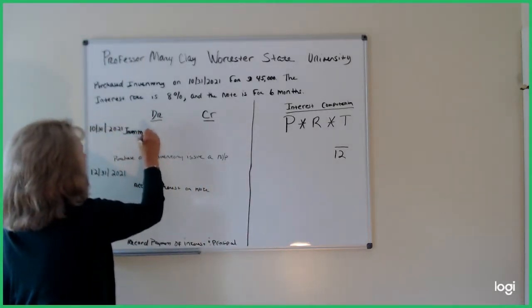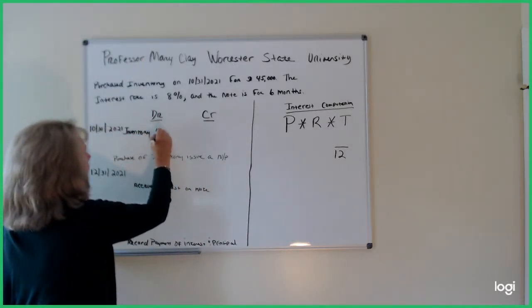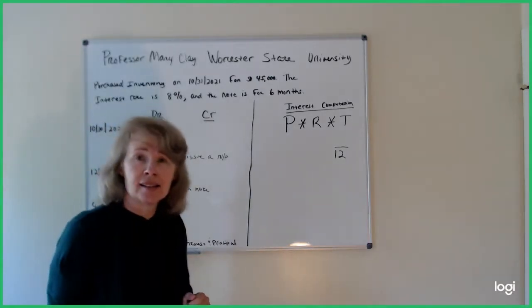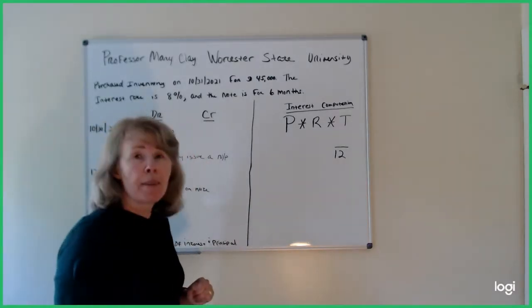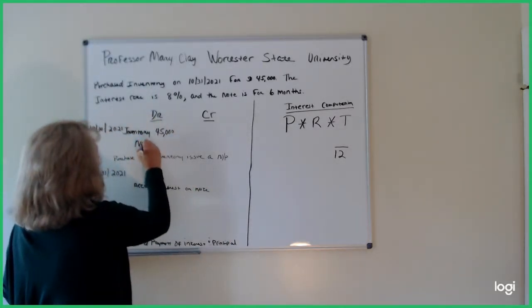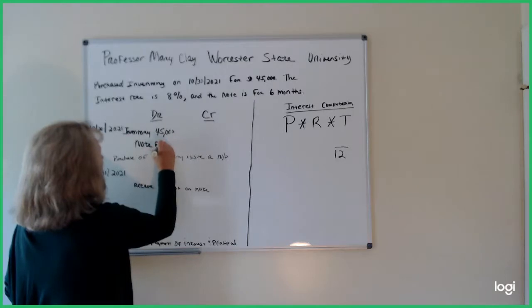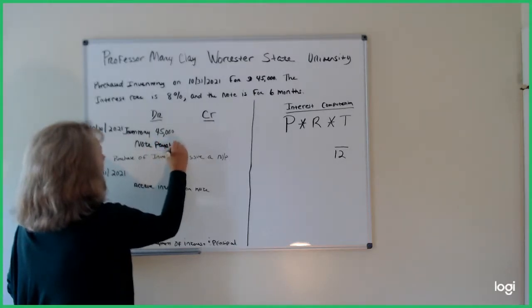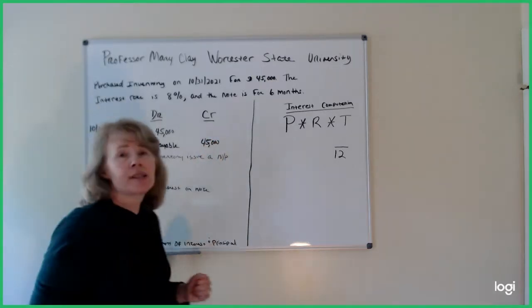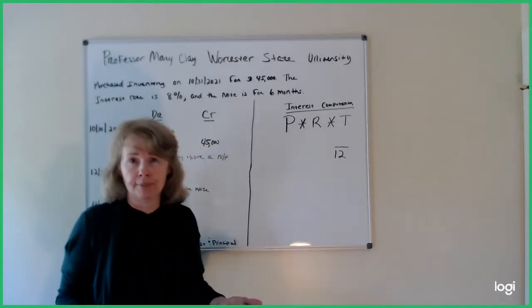So debit inventory, $45,000. And credit, in this case, a note payable. Now that's your first journal entry. Of course, there's no interest at that time.